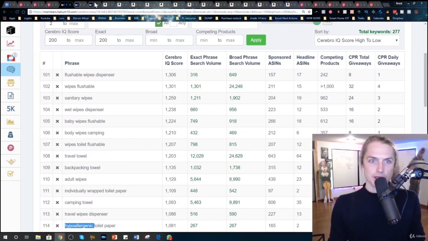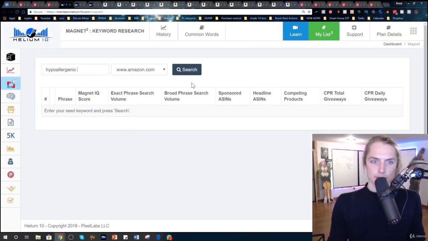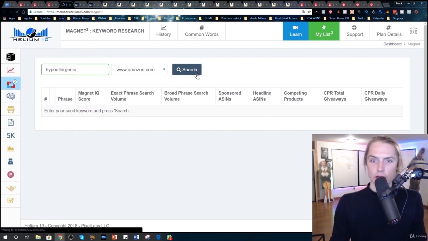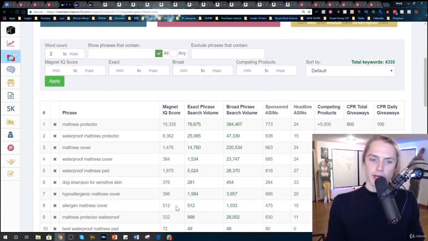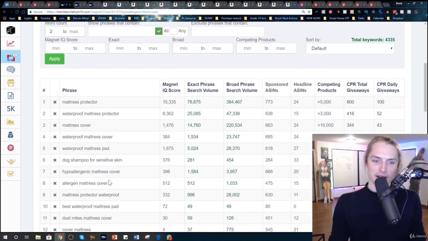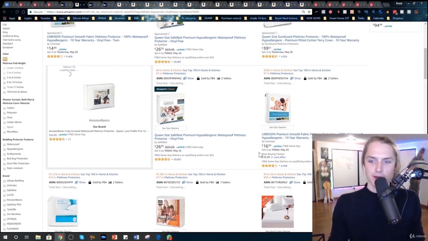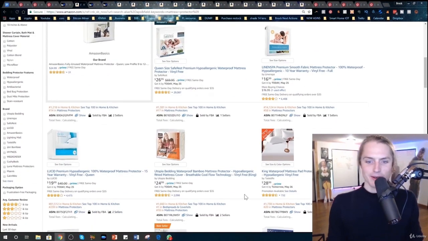So I would go now into Magnet here, and I would look up hypoallergenic. Okay, so when looking at this hypoallergenic keyword, I'm not going to go on this too far, but mattress protector, I have to look that up. Okay, so there's a lot of reviews on these, 30,000.